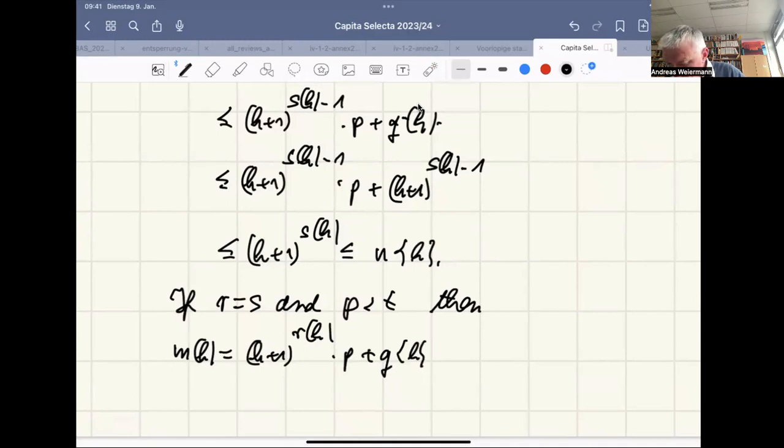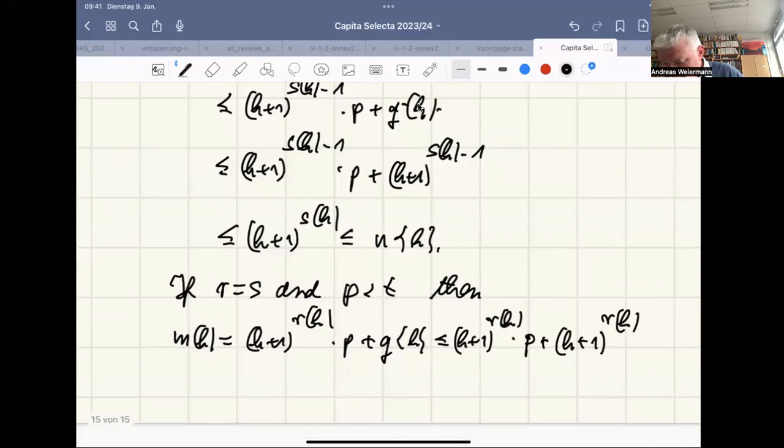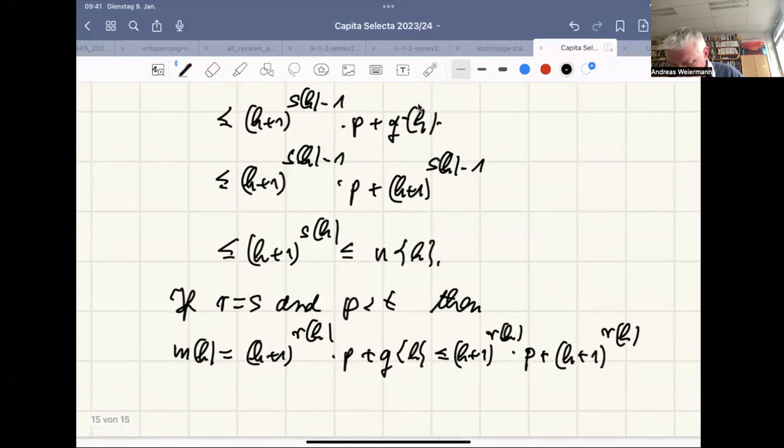Now q of k, q is smaller than k to the r. So this is bounded by k plus 1 to the r of k times p plus k plus 1 to the r of k by induction hypothesis. This is less than equal to k plus 1 to the r of k times p plus 1.